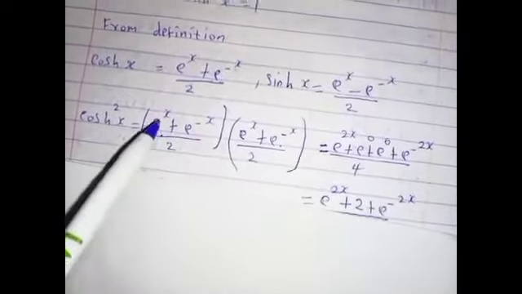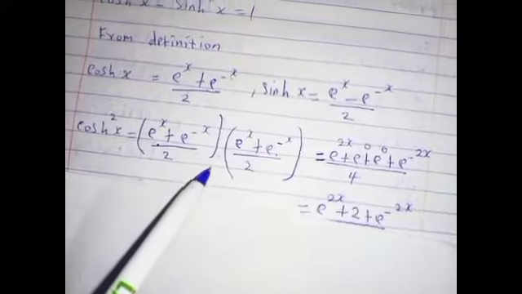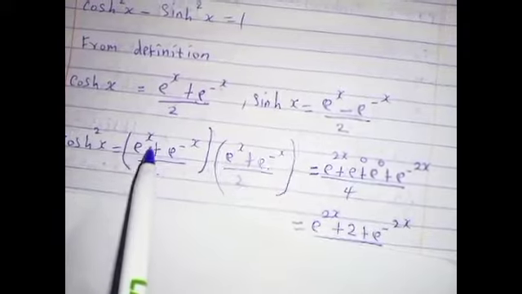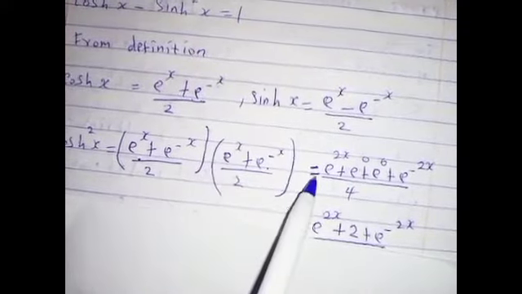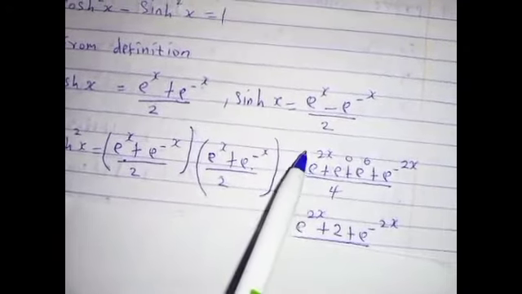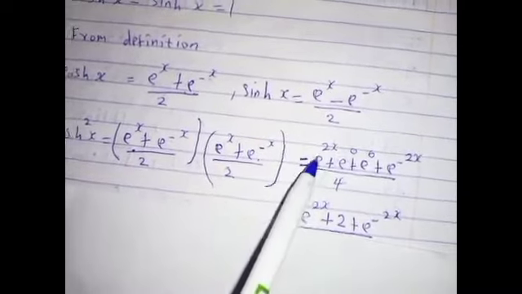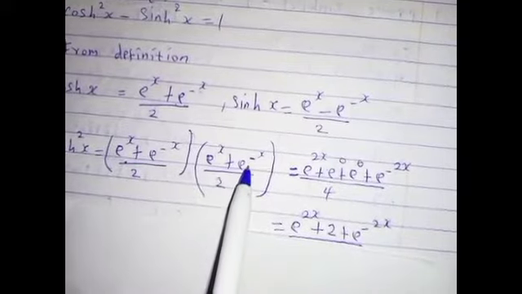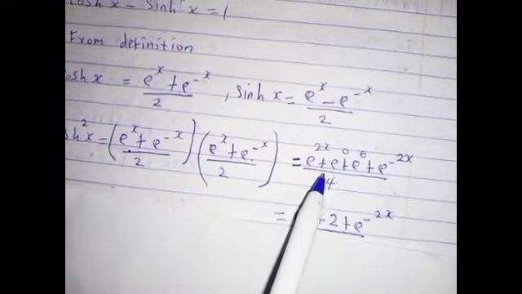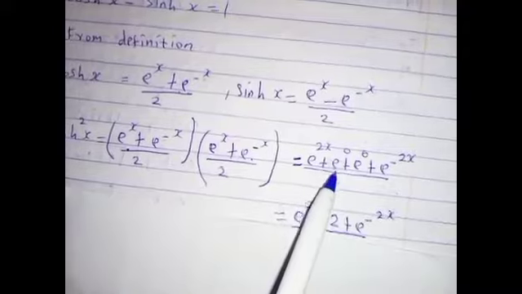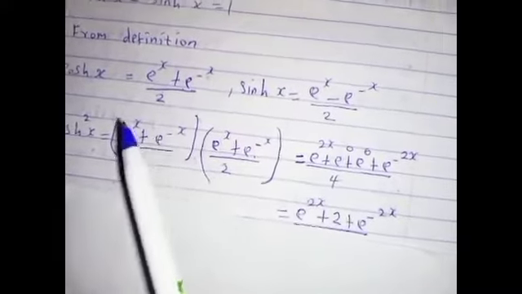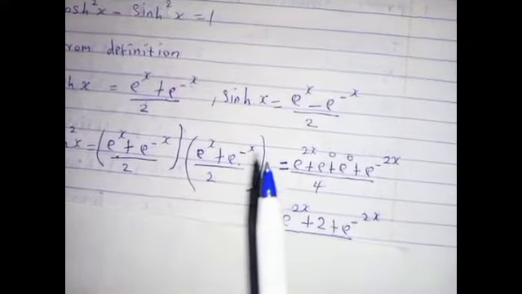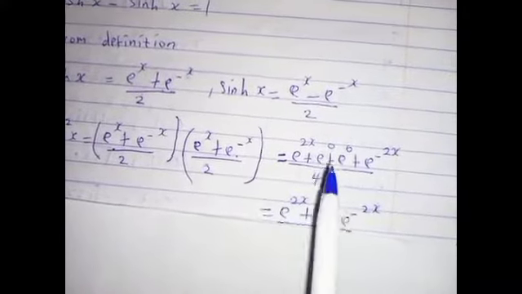So a number squared means that number multiplied by itself. So e to the power x multiplied by e to the power x, from the laws of indices, is going to give us e to the power 2x. e to the power x times e to the power negative x will give us e to the power 0, from the laws of indices, because x plus negative x is 0.